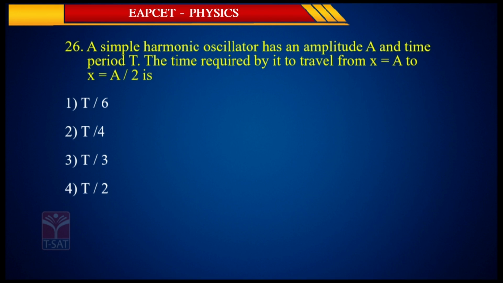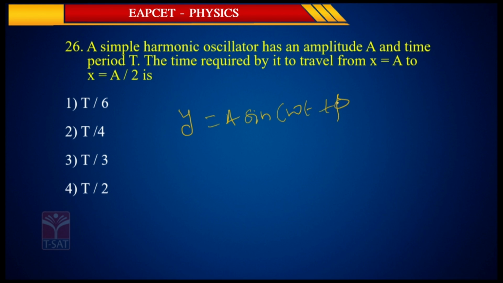The time required by it to travel from x is equal to A to x is equal to A by 2. Okay, here you know the simple harmonic motion equation, y is equal to a sin(omega t plus pi by 2).